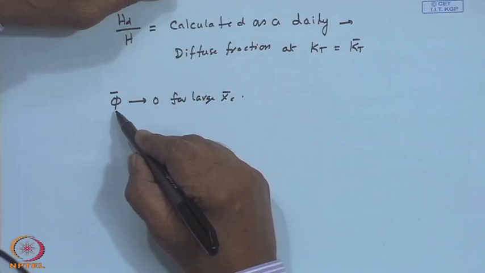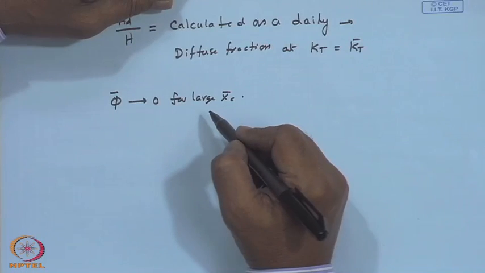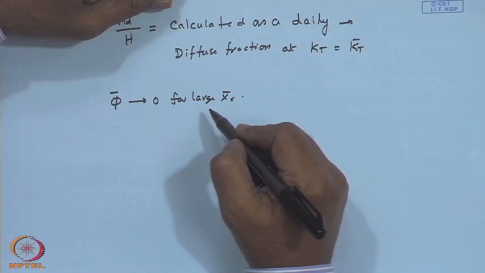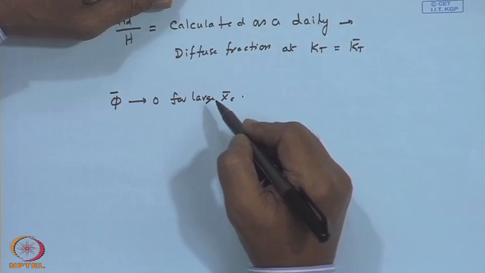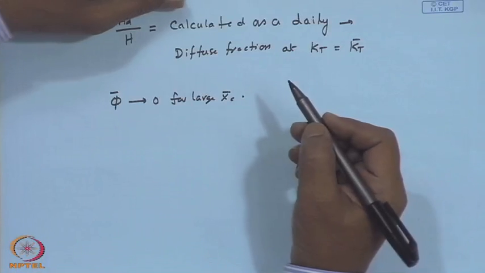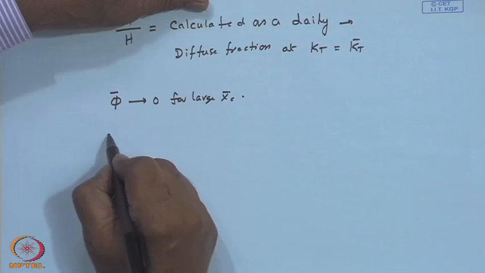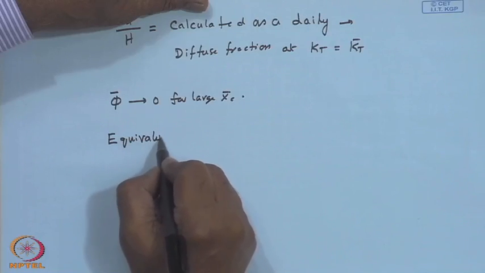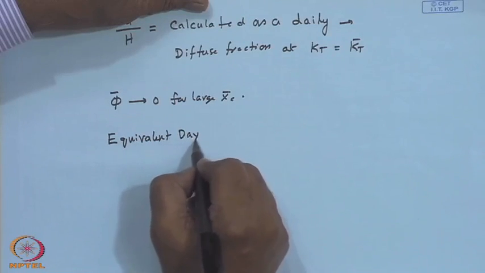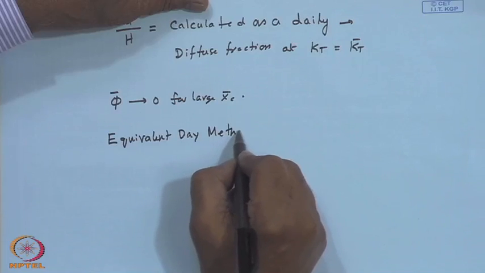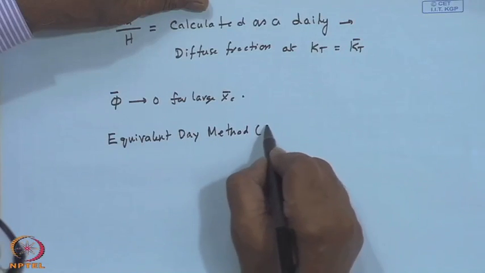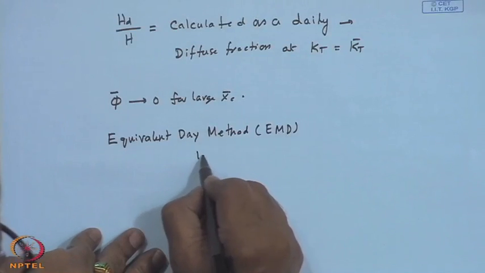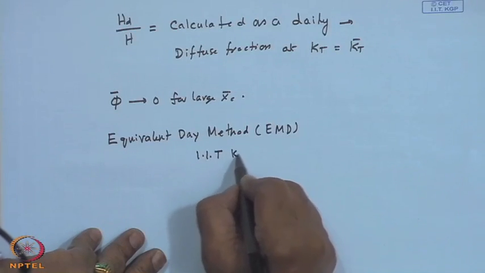It will be nice if phi bar goes to 0 at some finite x c bar, so these desired properties of the utilizability function need to be satisfied, and that is what is meant by the equivalent day method, that is EMD. This is done at IIT Kharagpur, India.